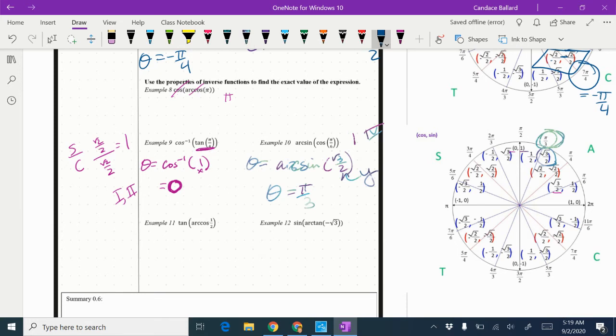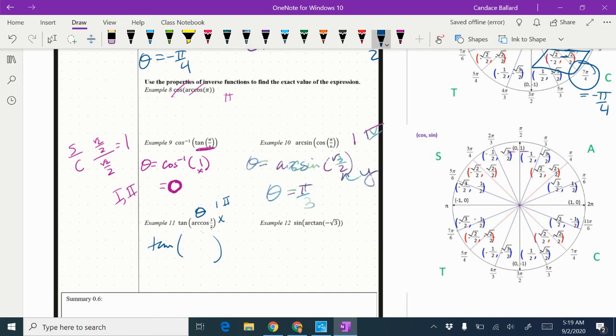Now you'll notice that the next one is the opposite. They want me to find the angle measure first and then evaluate. Cosine is valid in quadrants 1 and 2, and cosine is the x value. So I'm looking for where the x value is equal to 1/2.